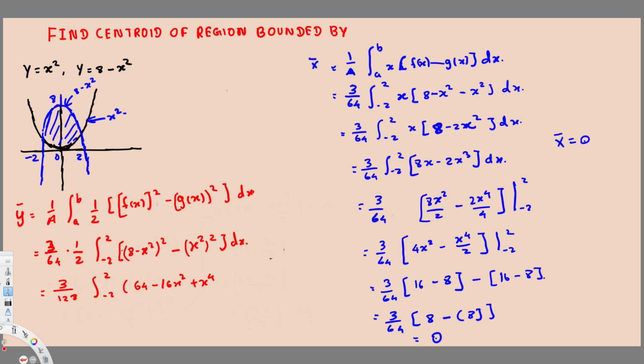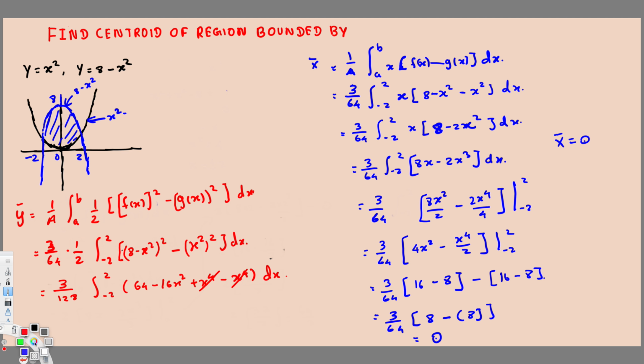This is the expansion of this one. The other is simply x power 4, so minus x power 4 dx, and the x power 4 terms we can cancel, both of them, right? So whatever we have left we have to integrate.